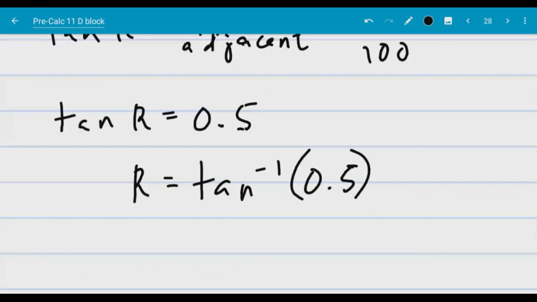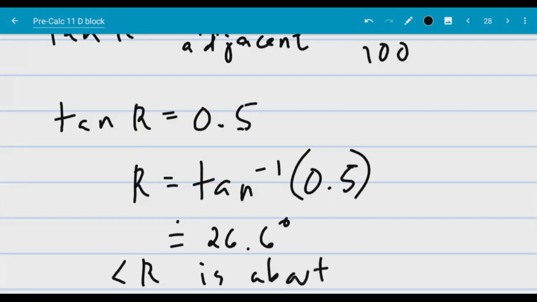And if we are doing this correctly, I also did it in my calculator a while ago. It is about 26.6 degrees. And it didn't really say that it should be to the nearest degree, but going by the first question, it says to the nearest kilometer. So it is about 27 degrees. All right. Angle R is about 27 degrees.